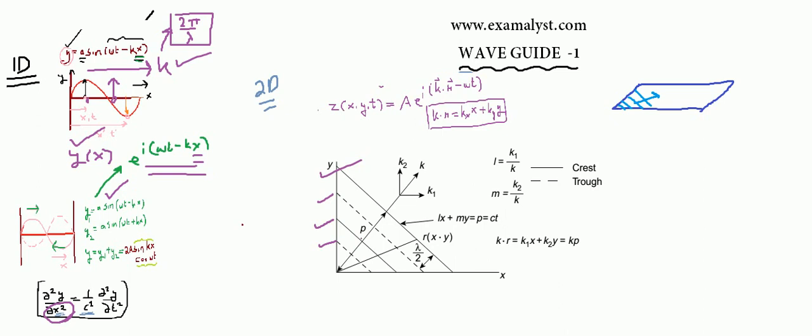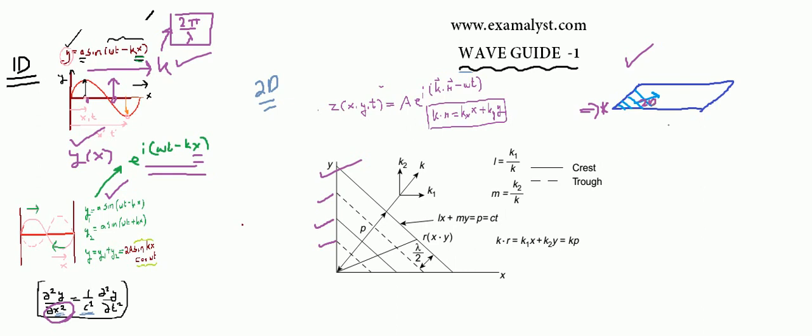So how to imagine this? Remember when I said if you put some disturbance in this paper here, then this disturbance will travel in this direction. Agreed? And how will the disturbance travel? It will travel in the form of crest and trough in this direction, and that will be a 2D wave. So in this paper, if you produce a disturbance here, like you blow some air, then that disturbance will go as a 2D wave in this particular direction.